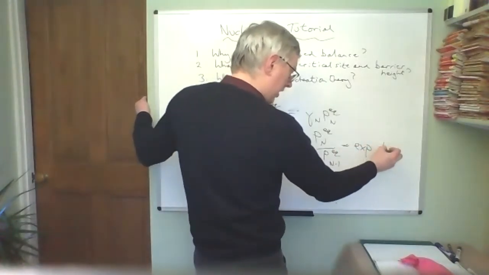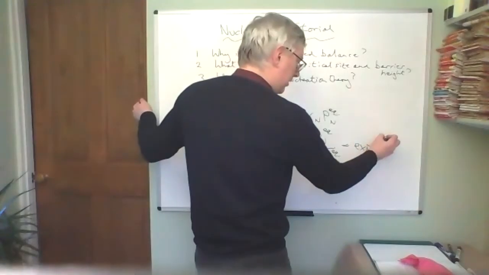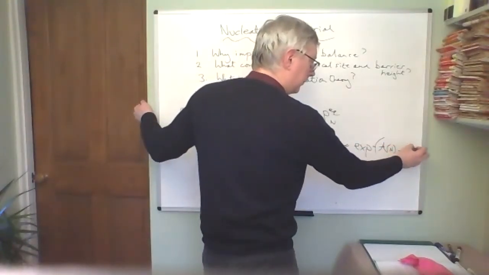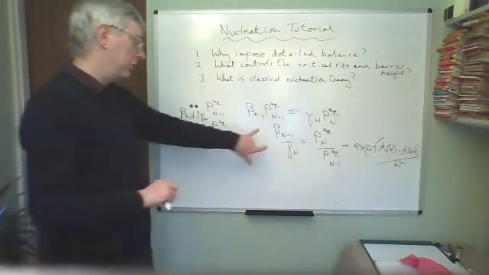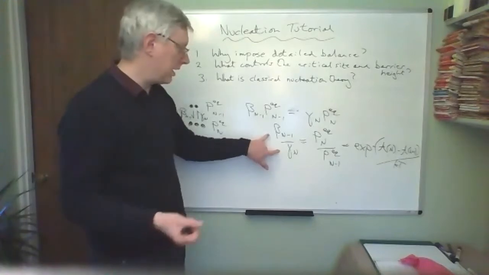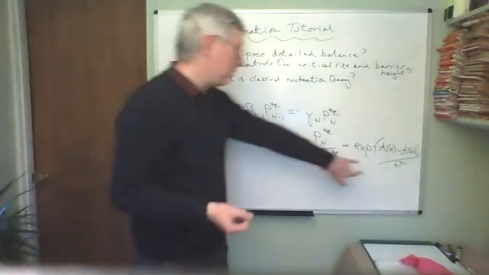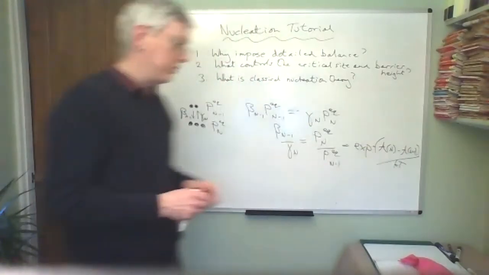Let's get the signs right here. Let's put a negative sign in front of this. This is A of n minus A of n minus 1 over kT. So we know something about these rates. They were introduced by Becker and Döring as just rate coefficients out of nowhere, but they are related to thermodynamics and indeed to this availability potential.